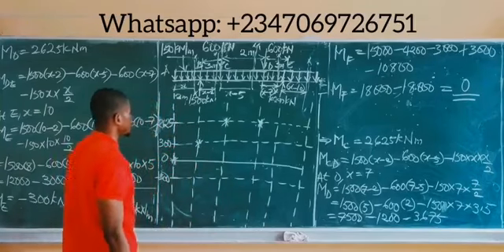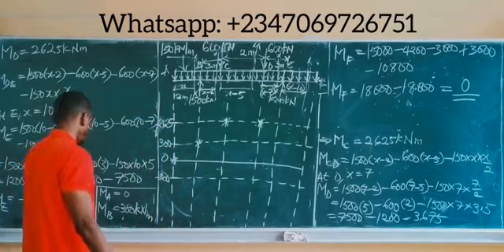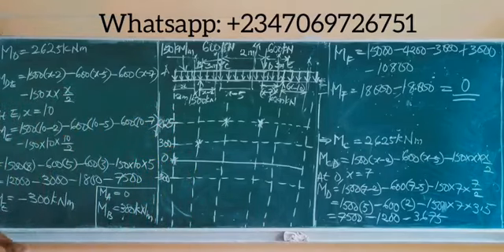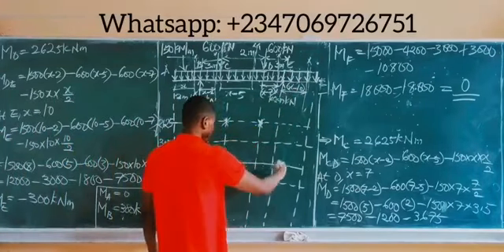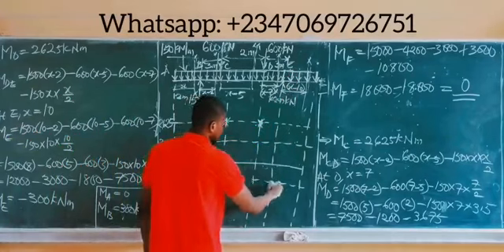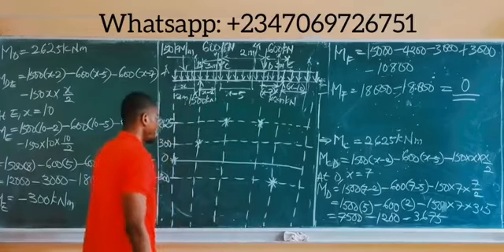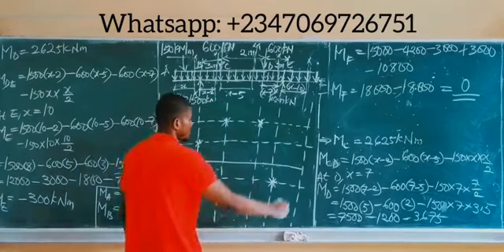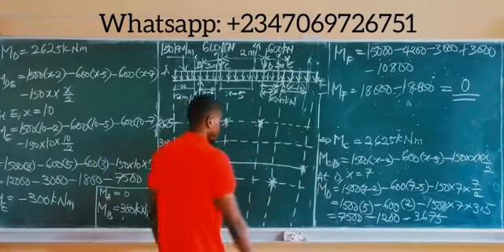Moment at E gives us minus 300 kilonewtons here, so simply asterisk. This is line E, this is minus 300 kilonewtons. And you have this. Moment at F is simply 0. This is line F, this is 0. You simply asterisk. So we have this.